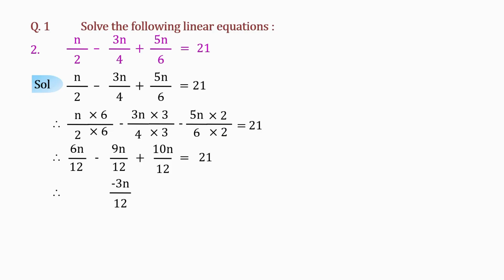Now we are going to just add the numerators. So 6n minus 9n plus 10n, which comes minus 3n by 12. So first we have done 6n minus 9n, that is minus 3n. Then we are going to add minus 3n and 10n, which becomes 7n.